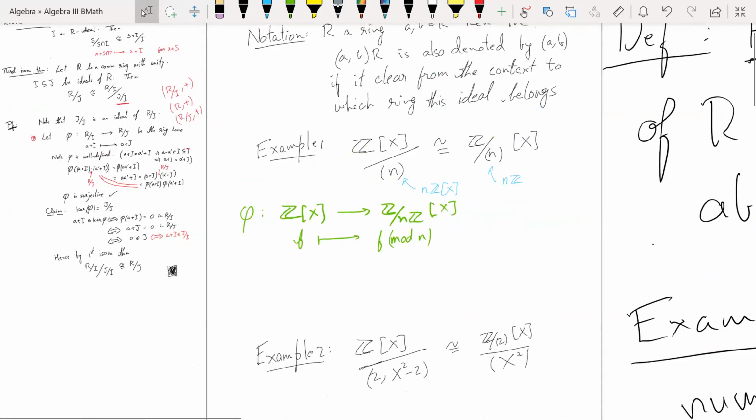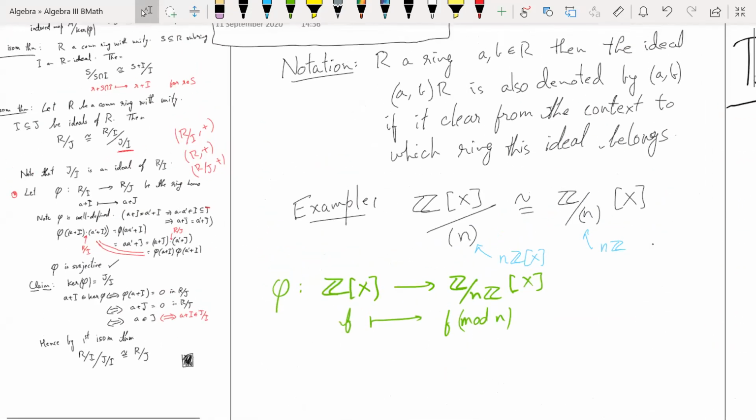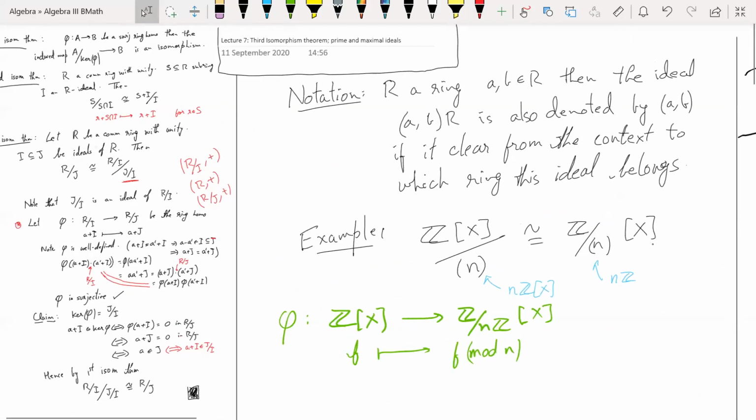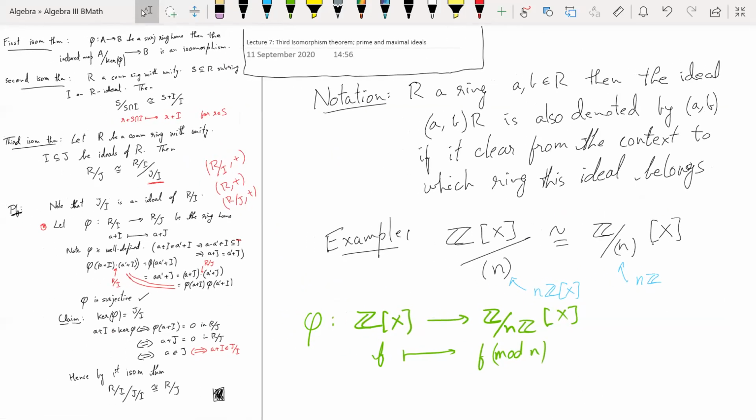So let's get to this example again. I wanted this notation. If you have some elements of the ring R, for instance 2 elements a, b, then the ideal generated by them, or whatever number of elements, maybe 1 or maybe 10, is also denoted by round brackets around these elements.